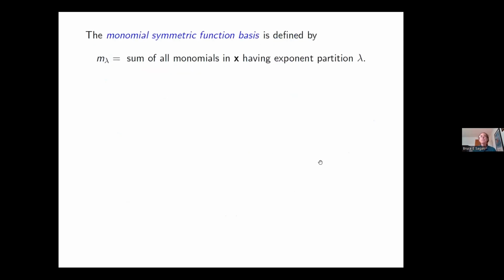So monomial symmetric functions, the easiest possible basis, m sub lambda: you just sum all the monomials that, if you look at their exponent sequence as a partition, have lambda as that exponent partition. So for example, m 2,1, you just sum all the things of the form x i squared x j, as we saw in X of G for the path.